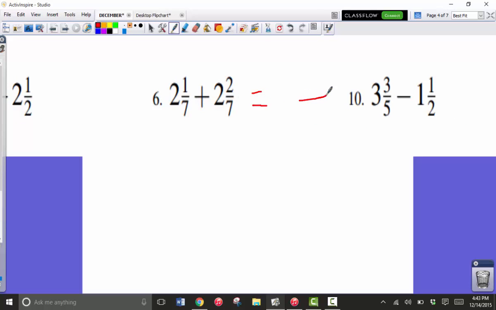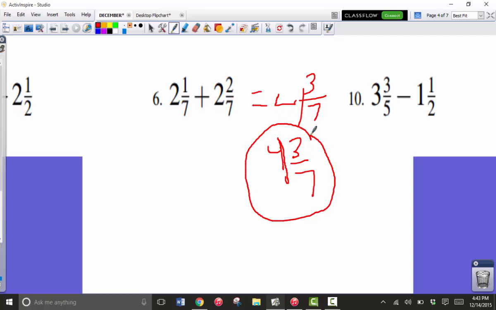I do not have to change, so I'm going to keep the same bottom number. Add the tops, the numerators, and add the whole numbers. Looks better like this. Now your fraction is proper. It's not top heavy, and you still have a whole number. So you are complete. This answer, 4 3/7.